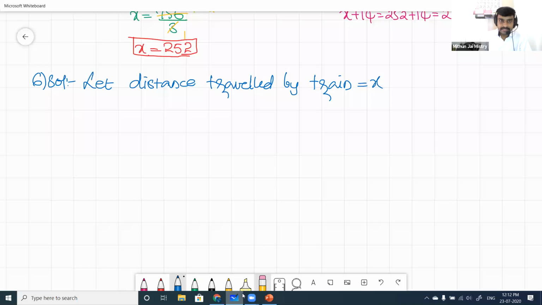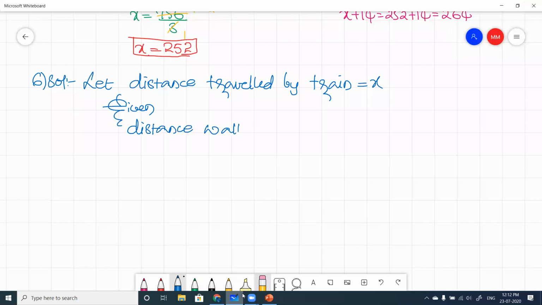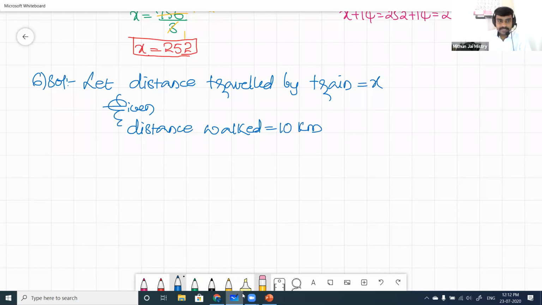And after that, let me write here: given. What is given? Distance walked is 10 kilometers. Then the next one is traveled by train, which is x. Now remaining, what?